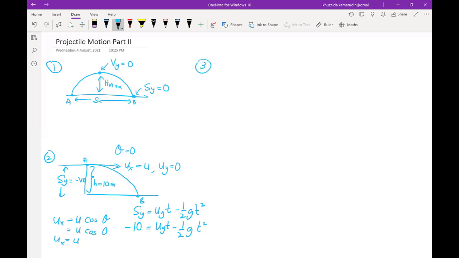So this one masih lagi dikatakan, okay, not half projectile motion, is okay, something like this. Okay, let's say you have like this, so kita tak tahulah dia n dekat mana. Alright, so the difference between 2 and number 3 is your sy over here is positive value. Okay, kenapa positive? Because your end point is above your starting point.